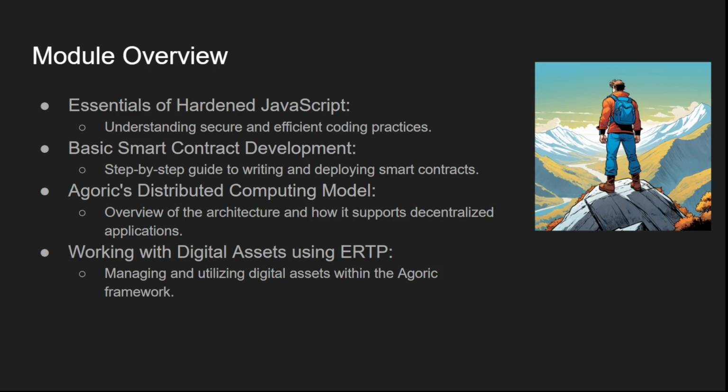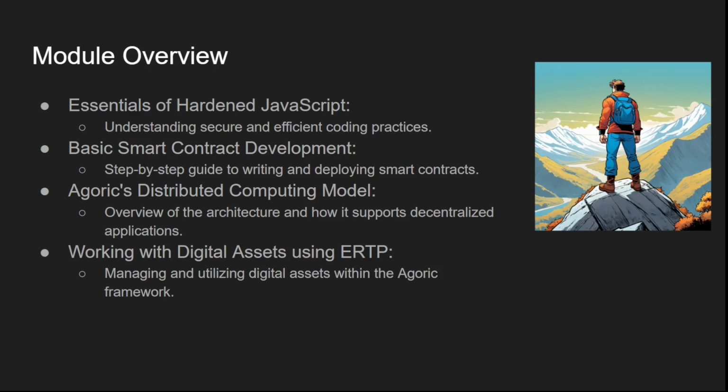Finally, we'll cover working with digital assets using Agoric's ERTP, Electronic Rights Transfer Protocol. This section will include practical examples on creating and managing digital assets, such as tokens and NFTs, and understanding the concepts of brands, issuers, mints, purses, payments, and amount math.